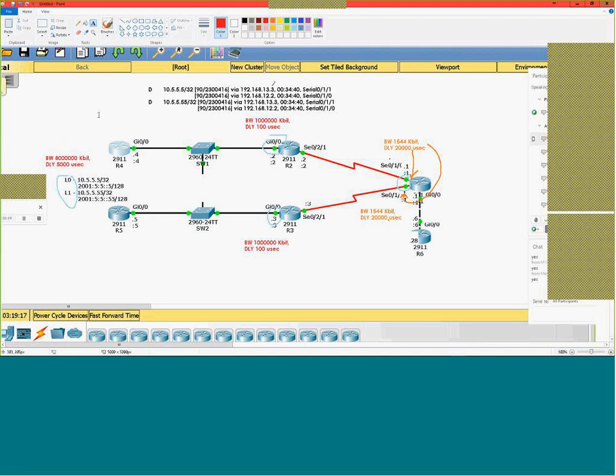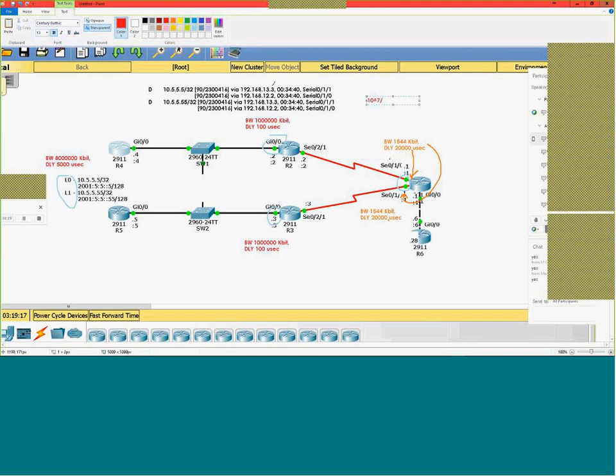All right, let's do some wonderful math. The formula for bandwidth in EIGRP is 10 to the power of 7 divided by the worst bandwidth along the path in kilobits per second. So it's 10 to the power of 7 divided by what? What is the worst bandwidth along the path in either path? 1544.